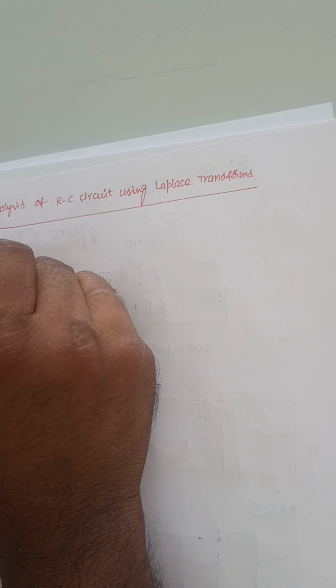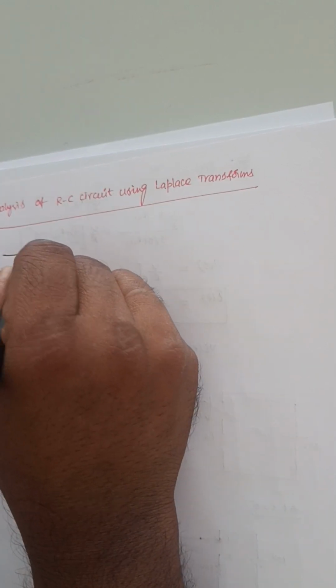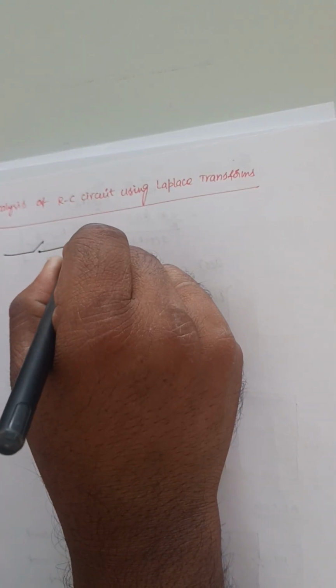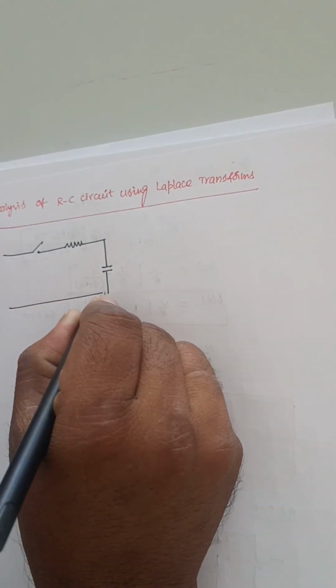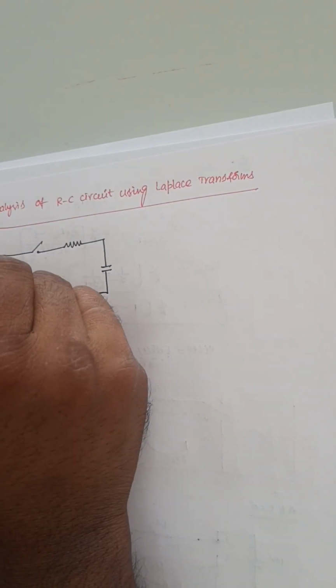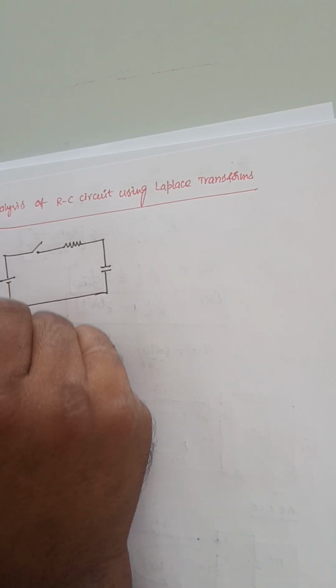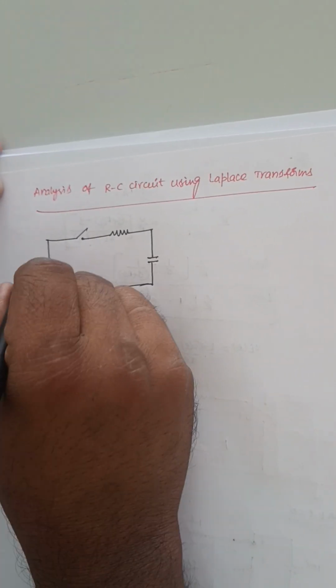Draw the circuit. This is the resistance and this is the capacitance, RC series circuit. For this RC series circuit, we are applying the voltage, it is V here.